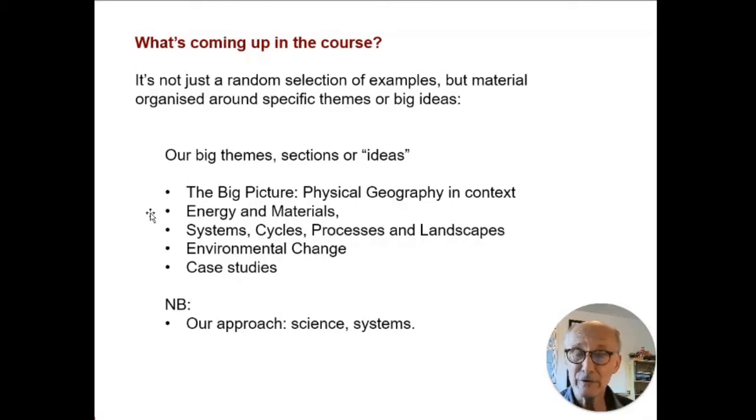And then we'll finish the module with some specific case studies that try to draw together these big themes and apply them to particular instances or examples. As you've already seen in previous sections of this module, our approach throughout is a scientific approach, and we're particularly focusing on the idea of systems as being at the heart of the way physical geography works.